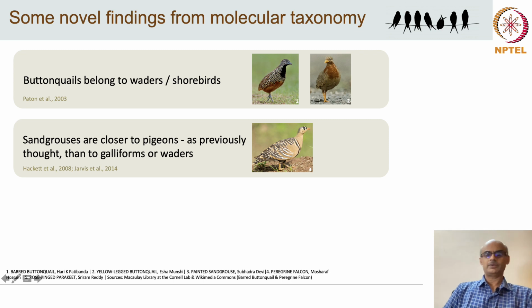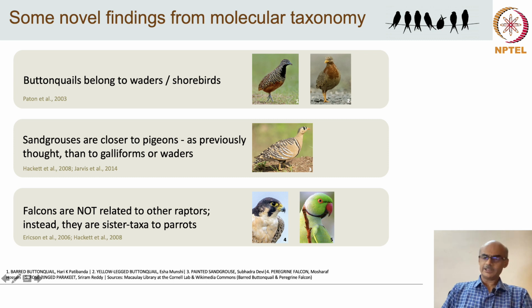Later they were also put along with the pigeons, particularly because of their water drinking behavior. But now molecular evidence clearly proves that sandgrouses are sister taxa to pigeons and doves. Then comes the falcons. As I said earlier, falcons are not related to other raptors; instead they are sister taxa to parrots.